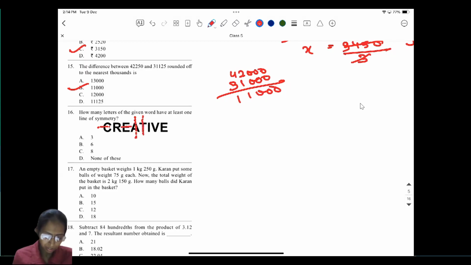T is having one line of symmetry. I is again having one line, even two lines of symmetry. V is having one line of symmetry, and again E. So how many letters are there? 1, 2, 3, 4, 5, 6, 7, which is not among these options.